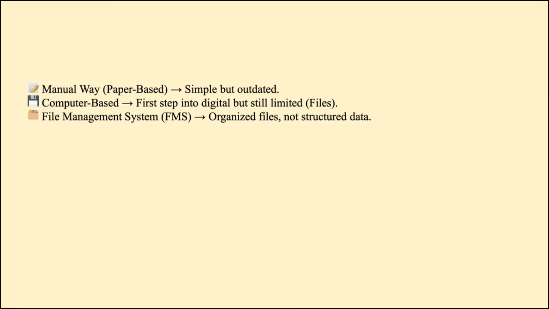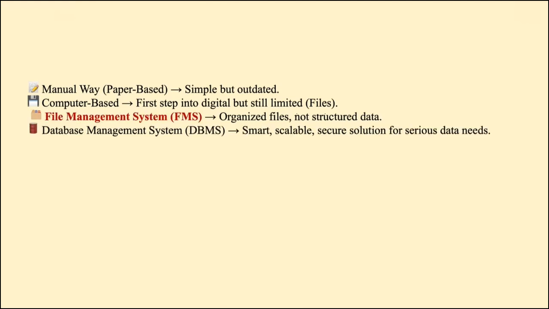But the problem is that there is no fixed structure for the data here, which we are going to see in today's lecture. And what is the next and final approach of storing the data? After completing the file management system, we are going to see the database management system.